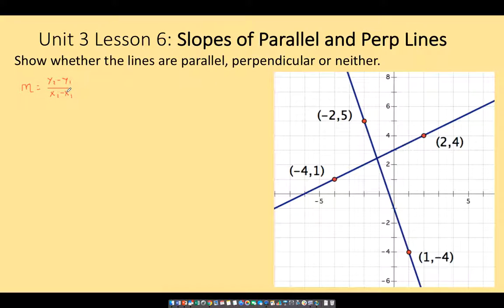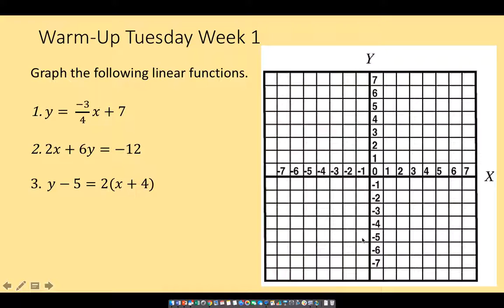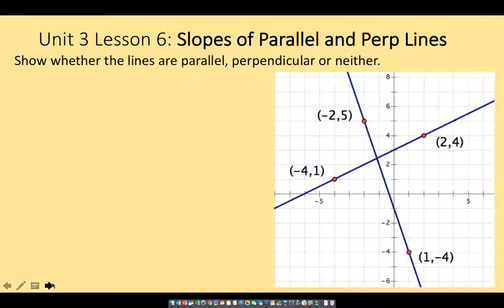Okay, so let's see. If I found the slope between these two, again, I probably could just count if I needed to. And so I'm going down a whole bunch, and then I'm going over 3. So down 2, 4, 6, 8, 9.